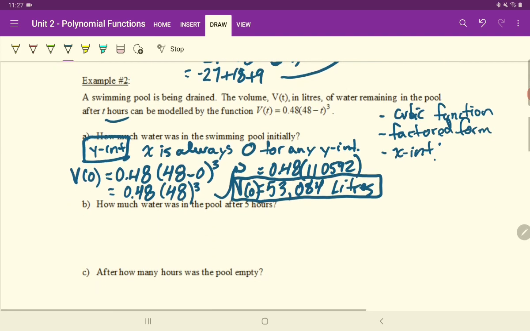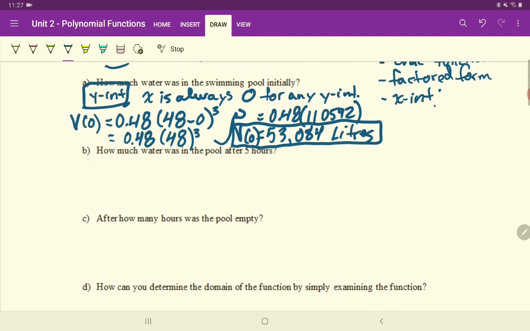Simply sub in 5 for t. So we're going to find v at 5 is equal to 0.48 times 48 minus 5, because we replaced t with 5, cubed.